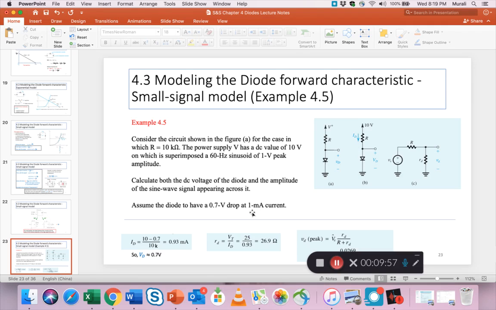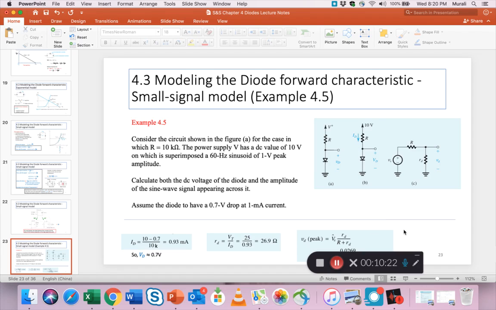We came up with a current close to 1 milliamp, so we are saying that means the voltage drop is roughly 0.7. So that's part of the answer. But the other part of the answer is there's a ripple, right? So what portion of that 1 volt peak comes out across the diode? To solve that, we use the voltage divider formula, which you see to the bottom right.